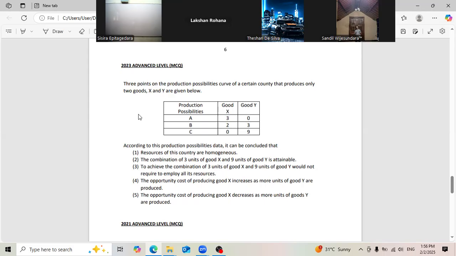Resources of this country are homogeneous. The combination of 3 units of X and 9 units of Y is attainable.